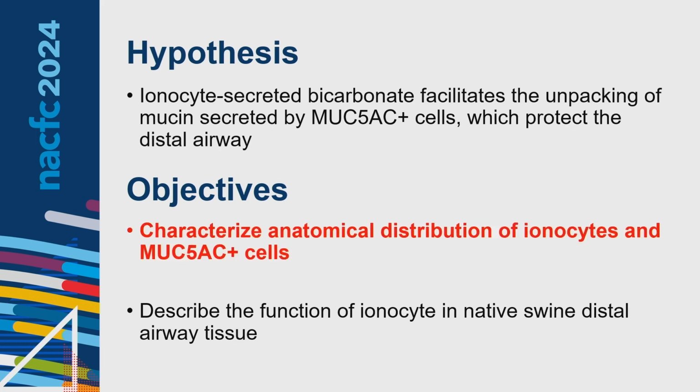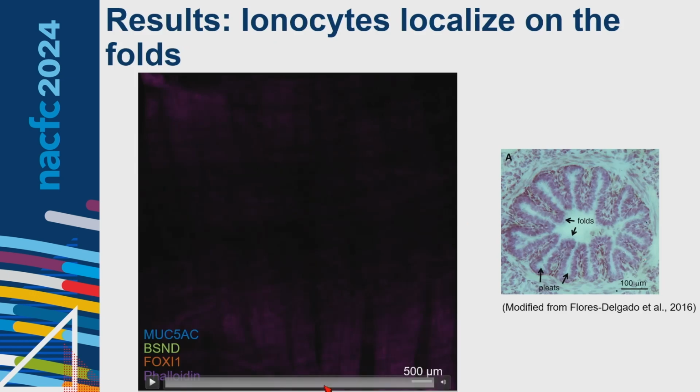First, we want to figure out where the ionocytes are located. So we dissected fresh distal airway tissue from wild-type swine and did an immunofluorescence study. We marked mucin 5AC, and we used BSND and FOXI1 as markers for the pulmonary ionocyte, followed by marking the cells in the distal airway.